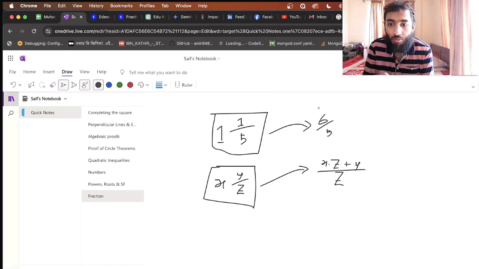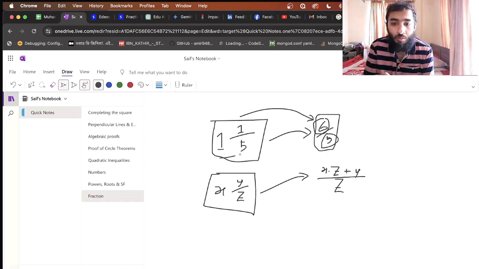So if I want to represent a fraction in this form, I have to transfer from this form to this form, and we can do that by multiplying the denominator with the whole number and then adding the numerator to it. That gives the upper part, and the denominator stays the same.